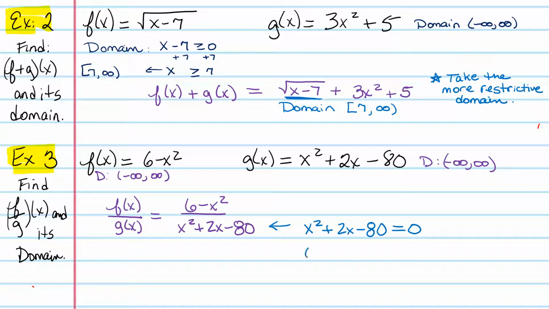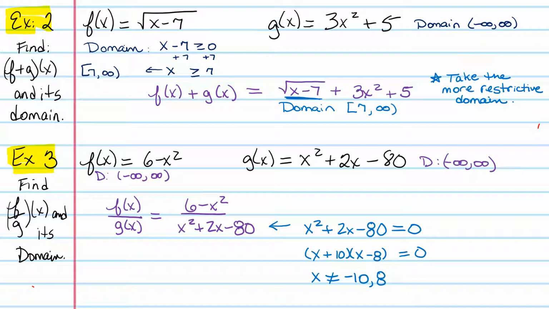If you remember how to factor, this one's not a problem. It's going to be a plus 10 and a minus 8 for my factor numbers. And so x cannot be equal to negative 10, nor can it be 8.